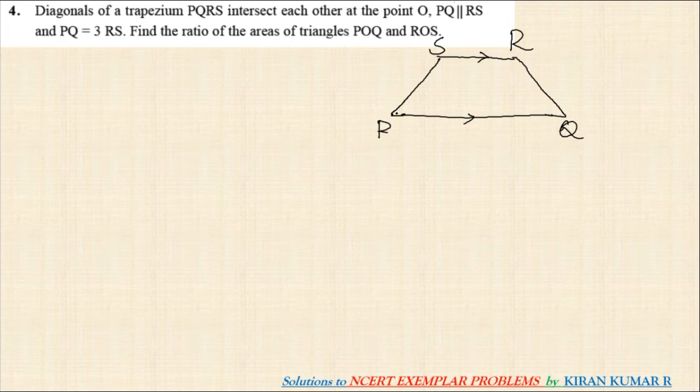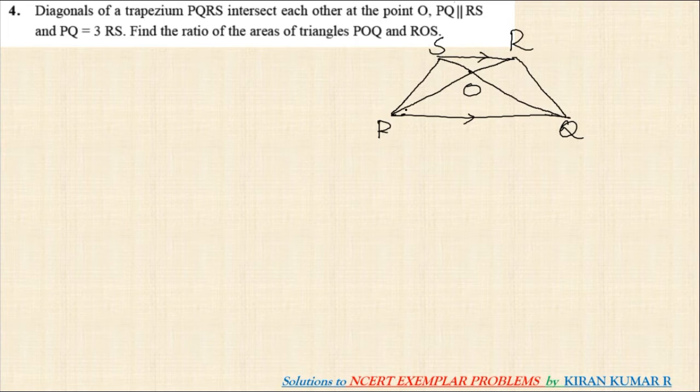The diagonals PR and SQ are intersected at point O. Further, they have given that PQ is 3 times of RS. Find the ratio of areas of the triangles POQ and ROS. You just observe these two triangles POQ and ROS.